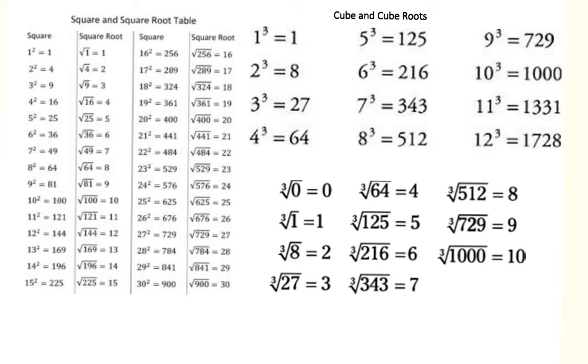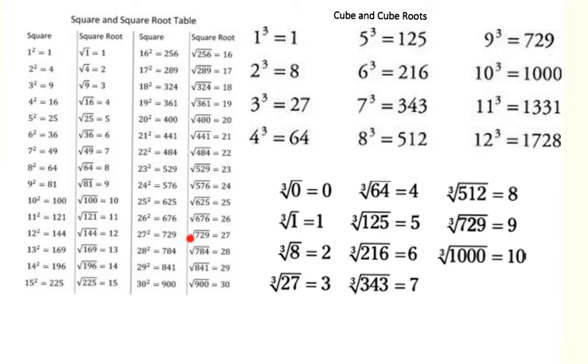Being familiar with the perfect square numbers and the perfect cube numbers can really help you out. You might want to pause this and either take a picture or a screenshot to put in your electronic notes or copy it down in your notebook, so that you know that when you square these numbers, you're going to get these numbers. And it works the other way around. If you take a perfect square and take the square root of it, you're going to get back to that original number.